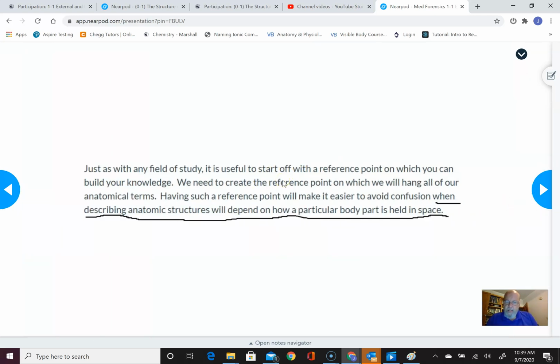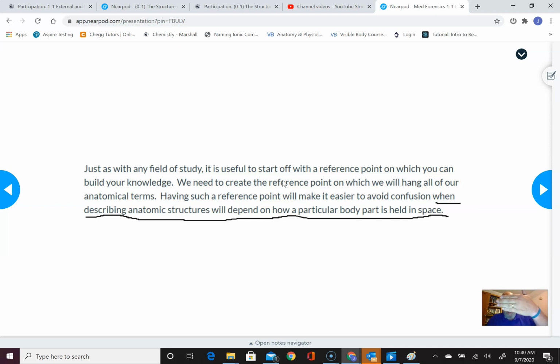And so the last sentence in the paragraph is the one that's important. Having such a reference point will make it easier to avoid confusion, particularly when describing anatomic structures will depend on how a particular body part is held in space.